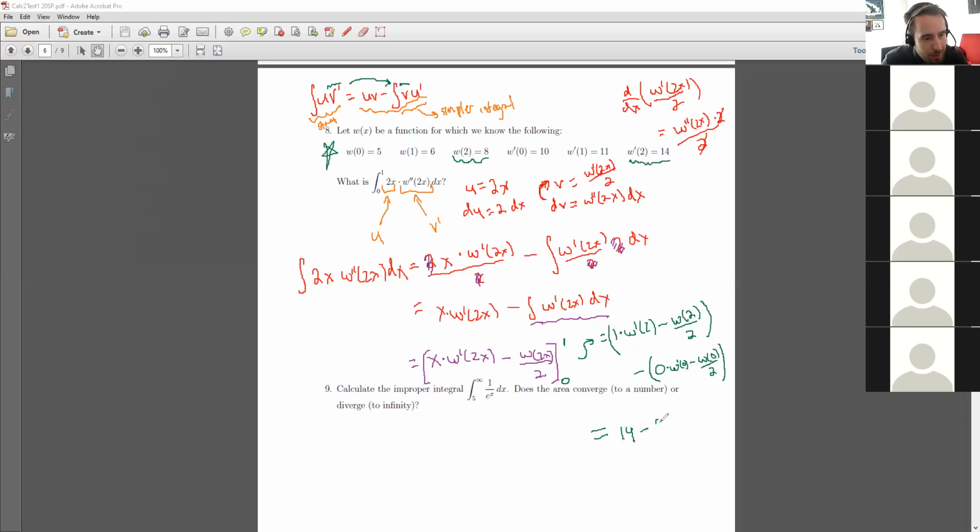So 14 minus 8 over 2, minus, and then it's 0 minus, and then w of 0 was 5. So that's w of 0 over 2, so 5 over 2. And then we can simplify this. 14 minus 4 is 10, plus an additional 2.5. It looks like our answer will end up being 12.5 in the end.